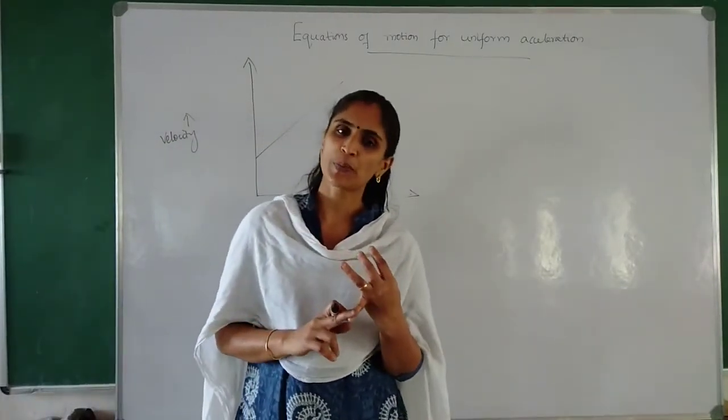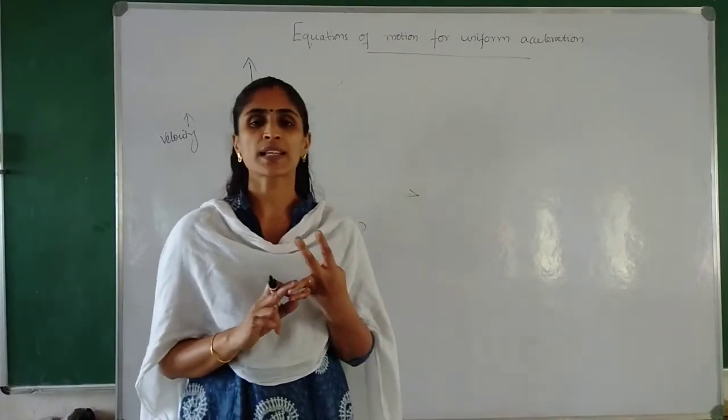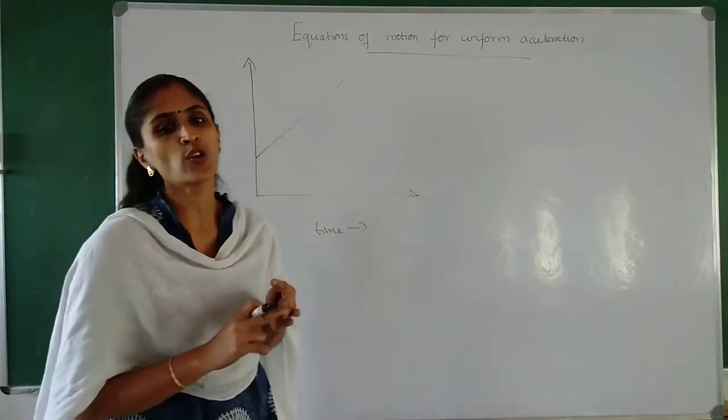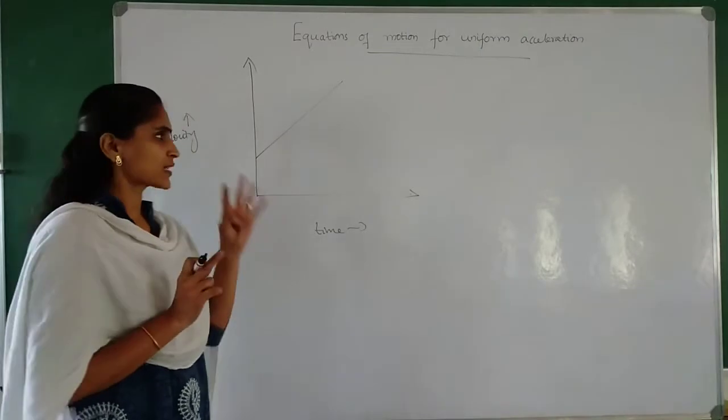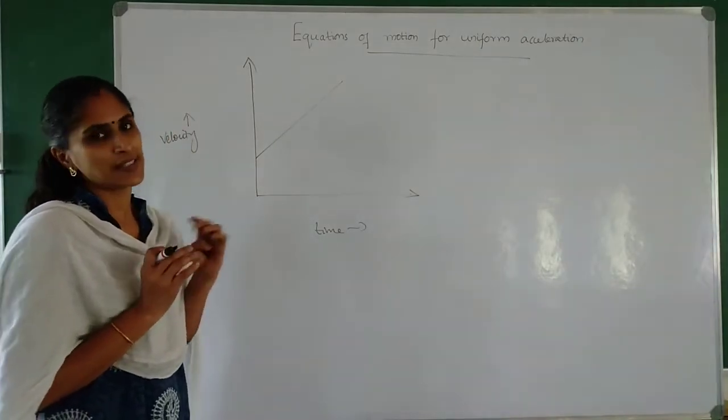v is equal to u plus at, s equal to ut plus half at square, and v square equal to u square plus 2as. How we can obtain that we will discuss now.